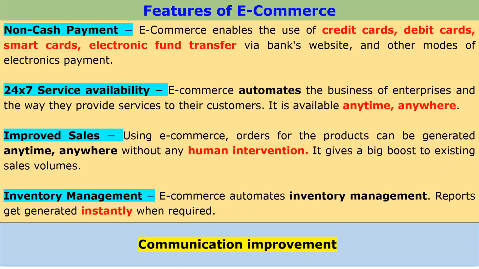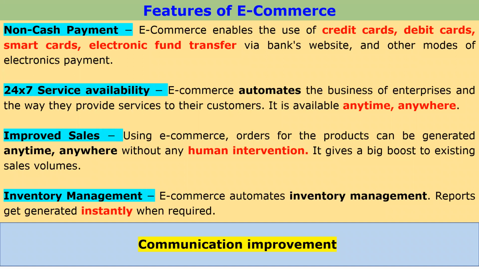Suppose you buy some product, then there is some defect with your product. Then you want to contact your seller again. That means a communication. Right? Then you want to get this after service. Then that is a communication. These are the types of communication. These types of communication improved due to e-commerce transactions. Right?